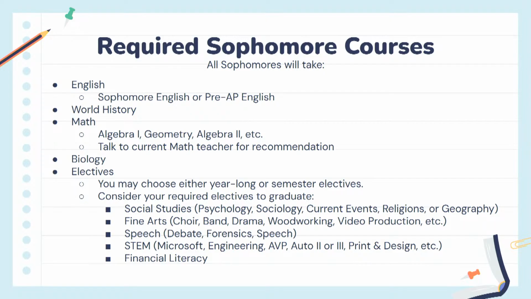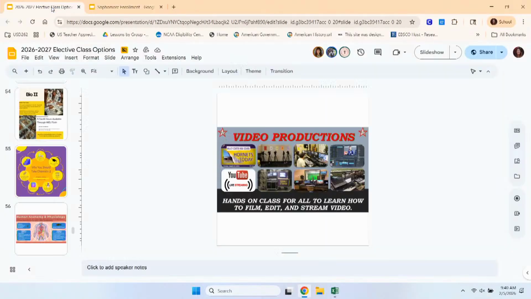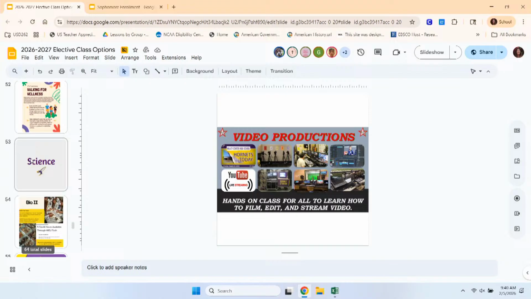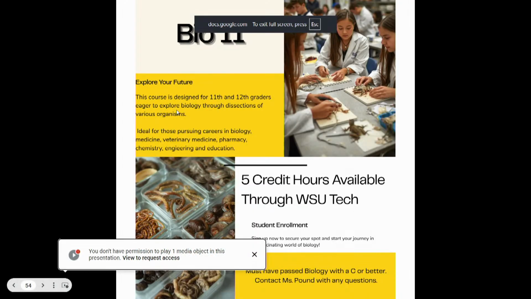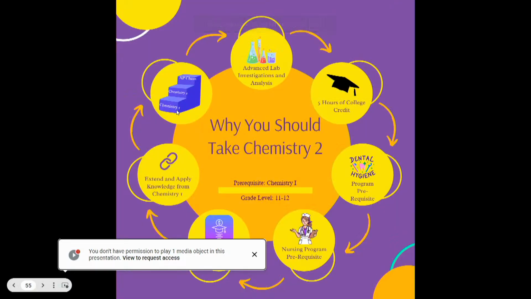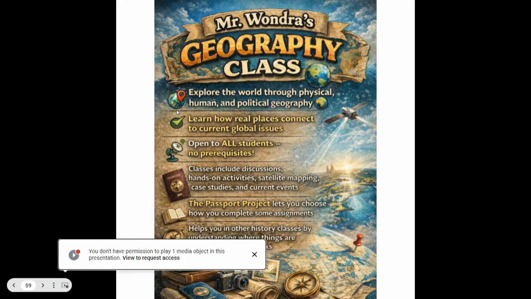As far as electives, you guys can consider either the year-long electives or the semester-long electives, okay? We'll talk about the X's and the different ways that you fill out your sheet in a second, but there's also going to be an elective slideshow that has some posters and some infographics with more information about each of the different classes, okay? Typically we get people in our office asking questions such as, what do I do for lifetime fitness, or what do I do for human anatomy and physiology?